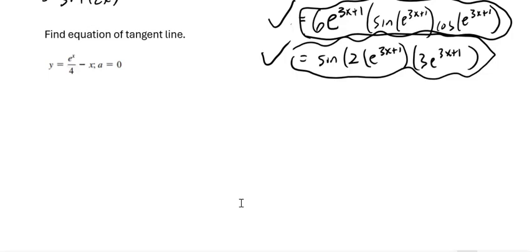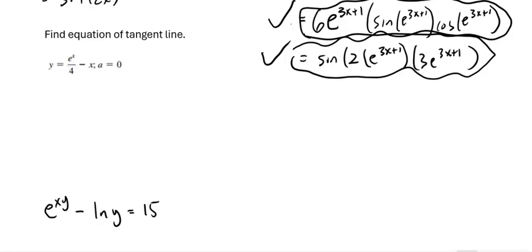We did slope or equation of tangent lines, max and mins where the derivative was 0, intervals of increasing, decreasing, optimization, related rates, implicit differentiation. All that stuff, right? All the stuff we've already done, we just have 2 new functions for it.